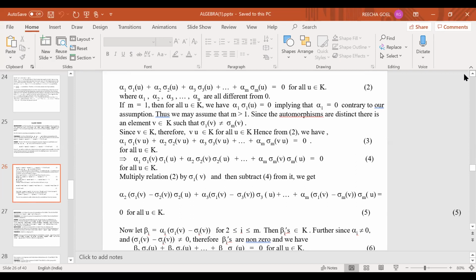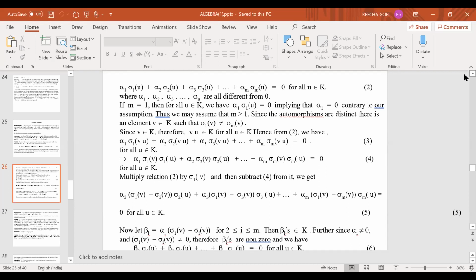It means alpha 2 times (sigma 1 v minus sigma 2 v) is non-zero, and alpha 3 times (sigma 1 v minus sigma 3 v) is also non-zero. That is, the coefficients of sigma 2 u, sigma 3 u, up to sigma m u are all non-zero. So let me just substitute them to be equal to b i.